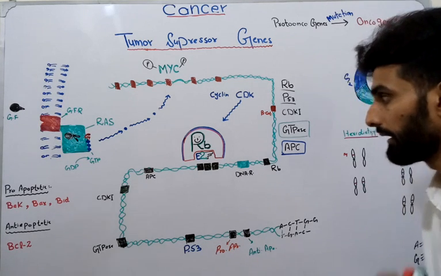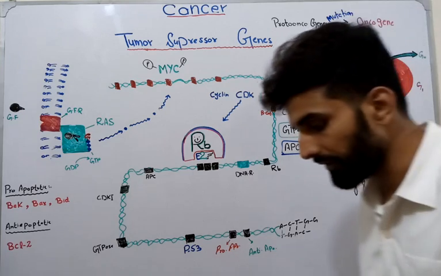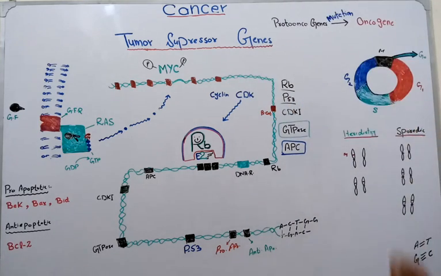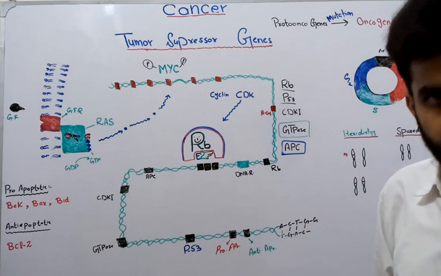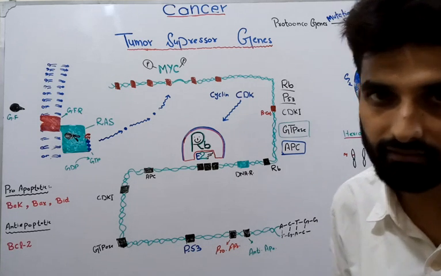I will explain. In this cycle, you can see in the G1 phase, the enzymes required for DNA replication, you know that DNA replication takes place in the S phase. So all the enzymes required for DNA replication will be synthesized in the G1 phase, obviously through the process of transcription and translation.